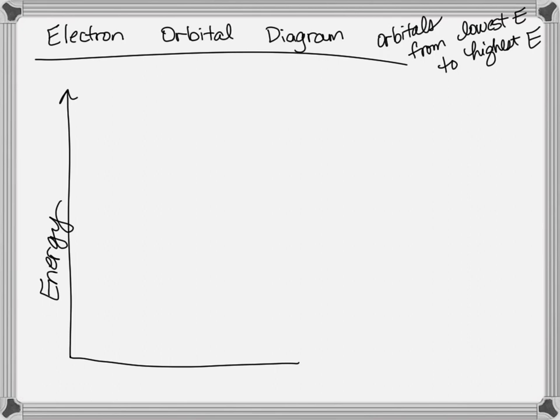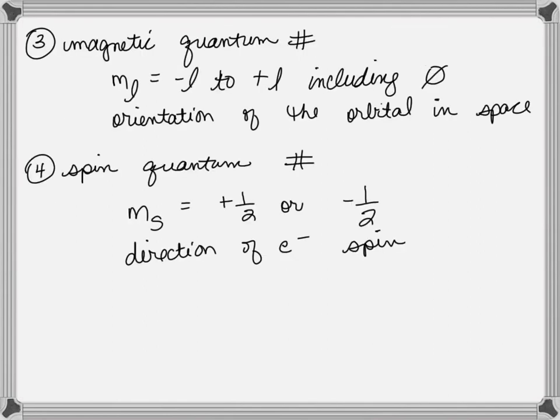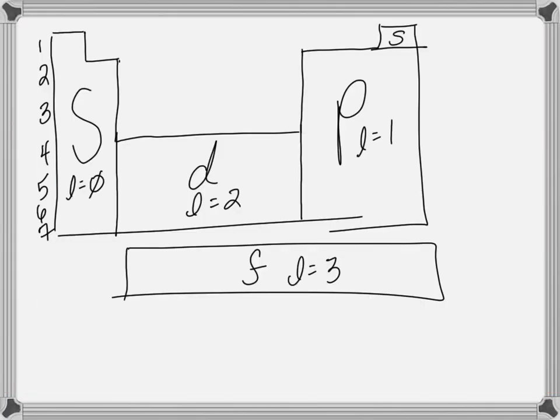Well, how are you going to know the order? You're going to take this diagram, and I need you to visually overlay it on the periodic table in the room that we're all going to look at.